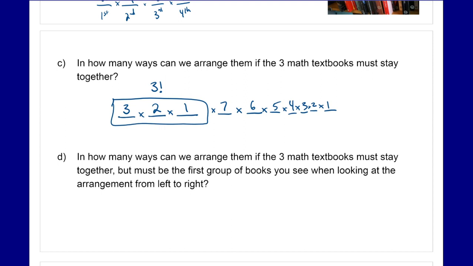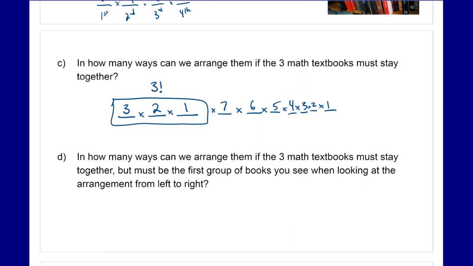That might be what a lot of people think about: 3 factorial times 7 factorial for the remaining part. However, what you have to think about is that this group of 3 can actually move throughout the different locations.